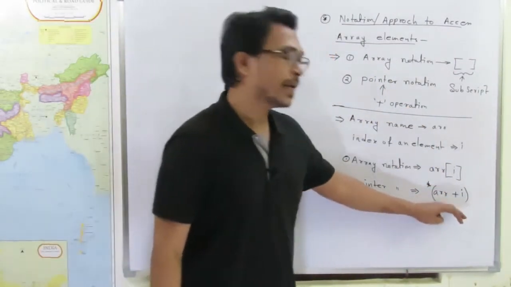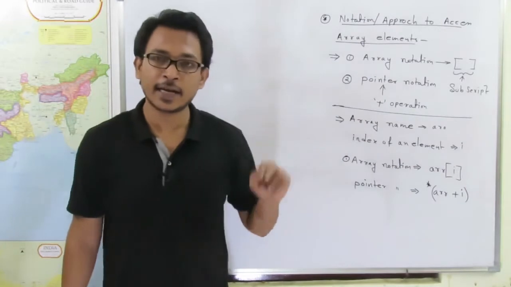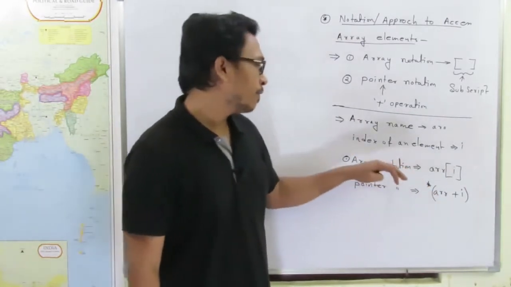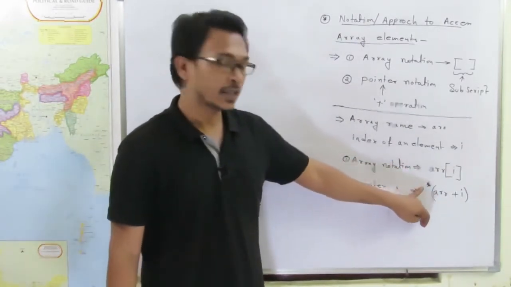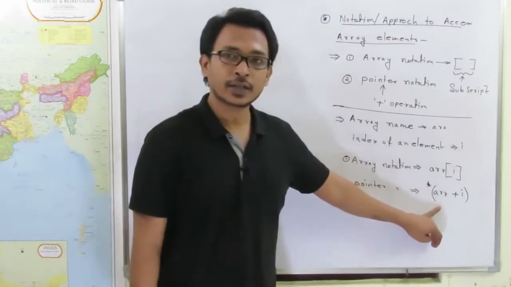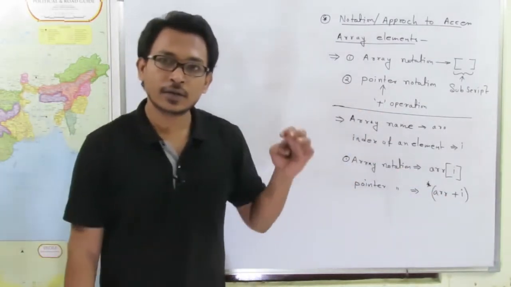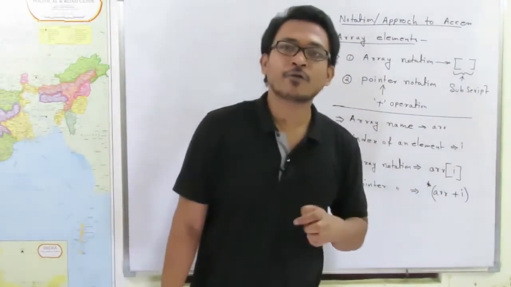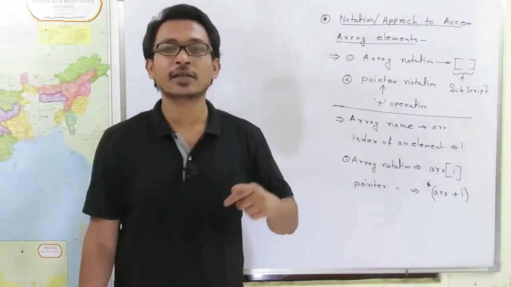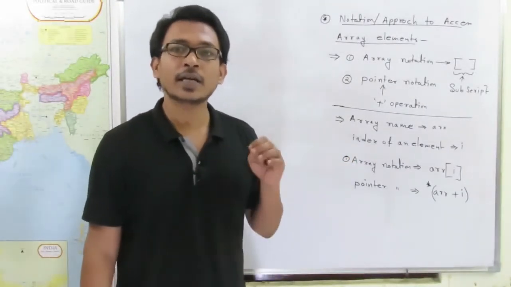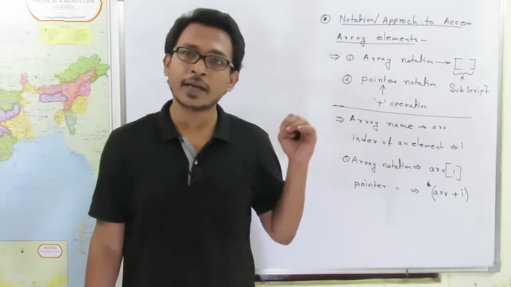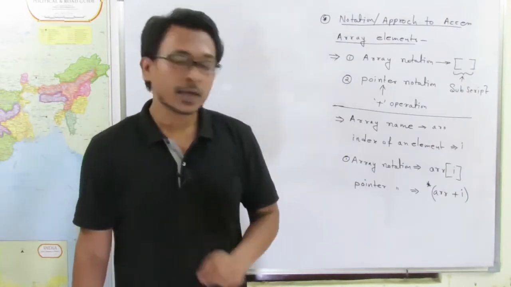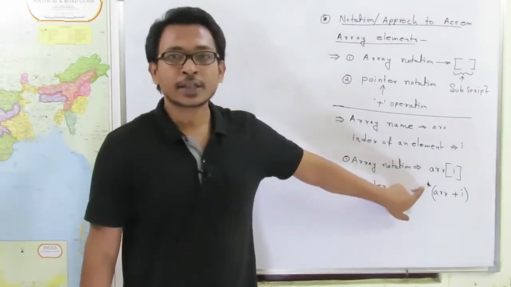This is how we can access the same array element with the help of pointer notation. This one is called pointer notation, and whenever we access any element with the help of its address, at that time we need to use the indirection operator that we learned in our pointer class. Clear? And this is the indirection operator.